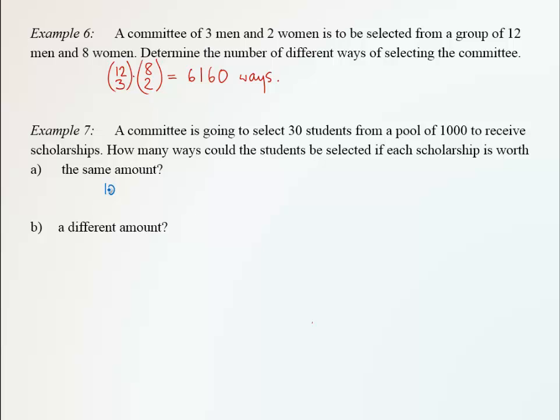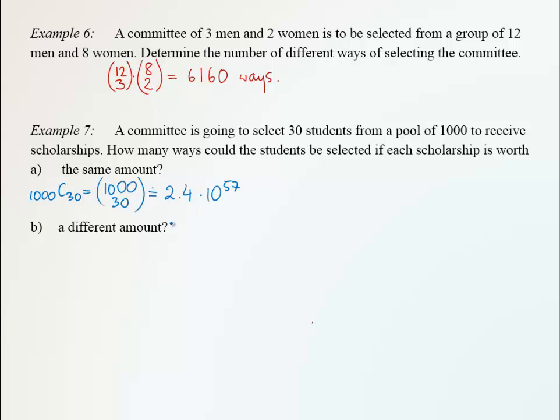So it's 1,000 choose 30, written either this way or that way. Combinations, choose 30. Use your calculator, and that turned out to be approximately, because that's a very large number, so we can just approximate it, 2.4 times 10 to the 57.